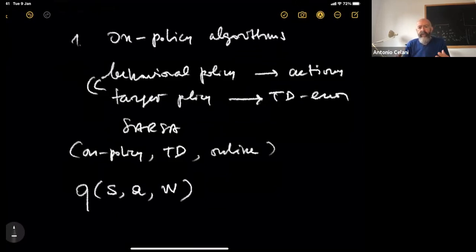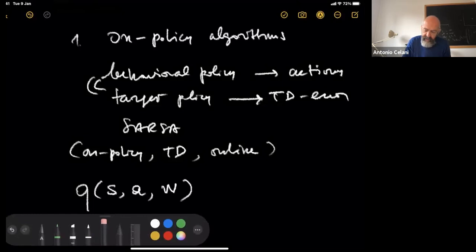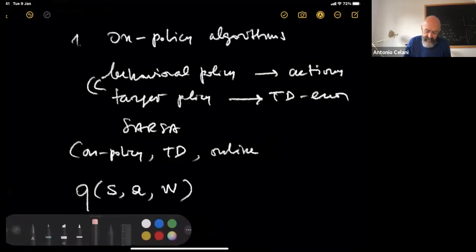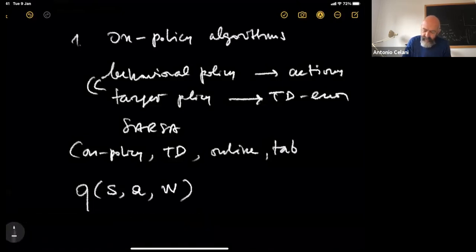Now we want to merge this approximation with the tabular. Remember, tabular means that you have discrete states and discrete actions, so the Q matrix is actually a table. In function approximation this is no longer the case, because it's a matrix-valued function of the parameters.